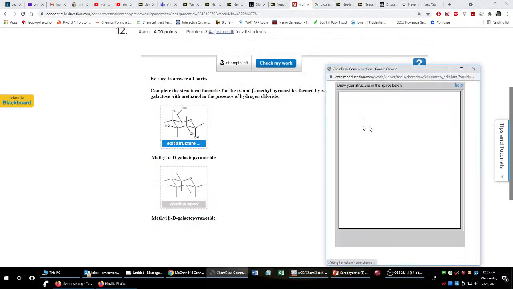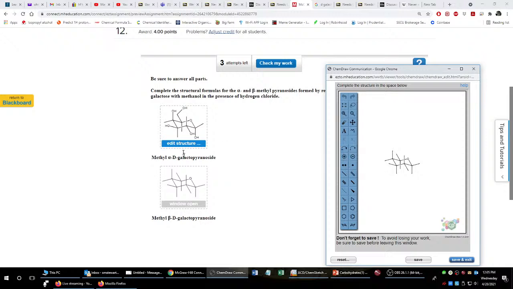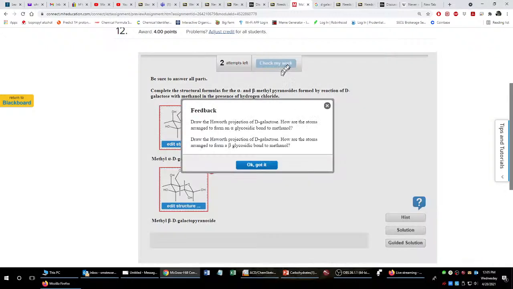And then the beta structure should be that, but with the OH group up. Good, not my wheelhouse. I am not a biochemist.